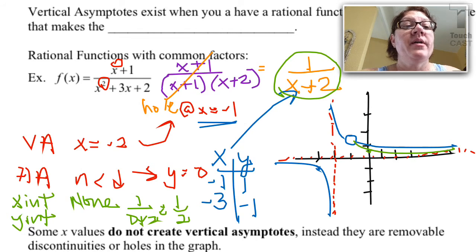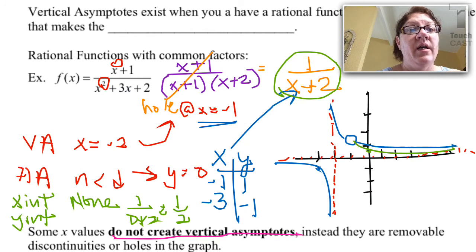And of course, this bottom sentence is just restating something that we've been talking about in class, that some of the x values don't create verticals, just like in the particular function we chose above. Instead, I get a removable discontinuity, aka a hole, which you actually told me in class the other day because I asked you what types of discontinuities were removable and you said holes.